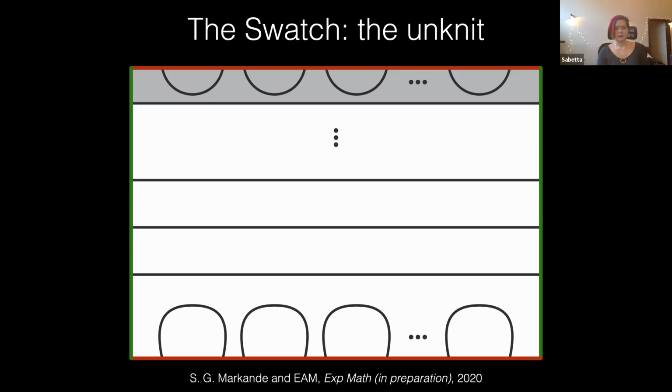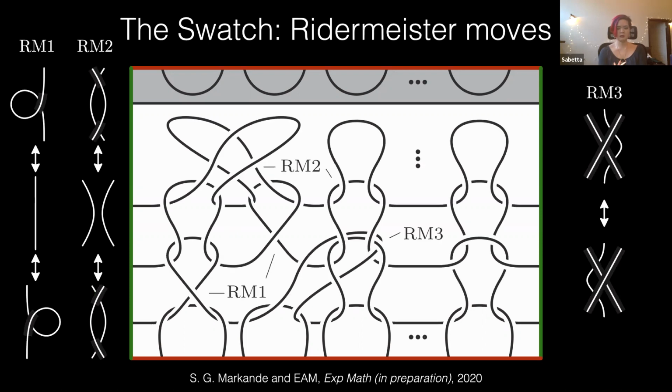And now I'm allowed to do anything I want to this. I'm allowed to make any Reidemeister move; any ambient isotopy is a valid thing I can do on any of these loops. Reidemeister ones are just this loop-on-loop process, like those Dumbo ears. I can slide 2 pieces of yarn past each other, and I can slide a 3rd piece of yarn past the intersection of 2 pieces of yarn.